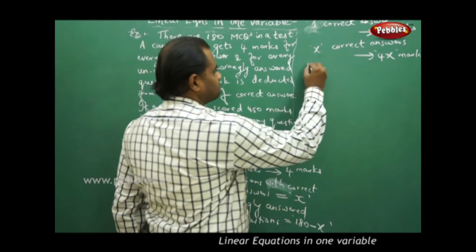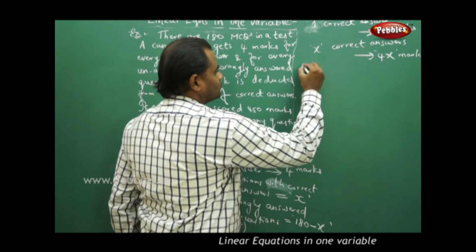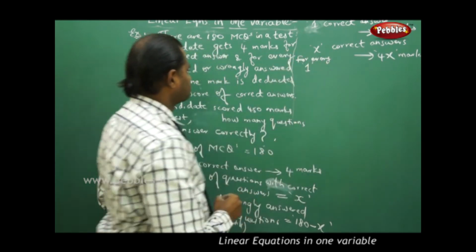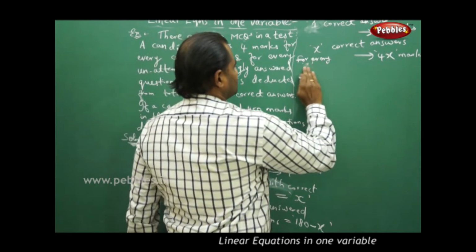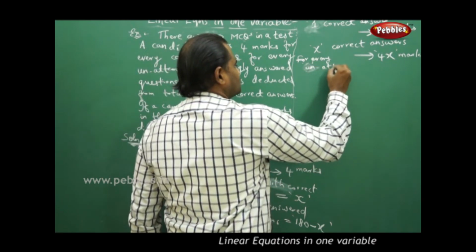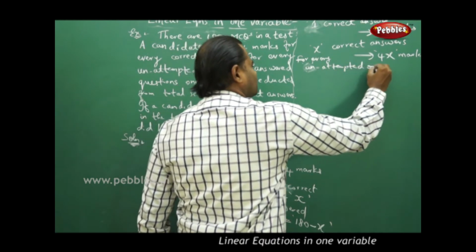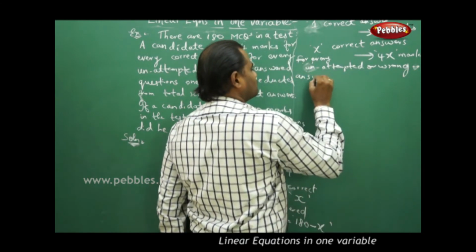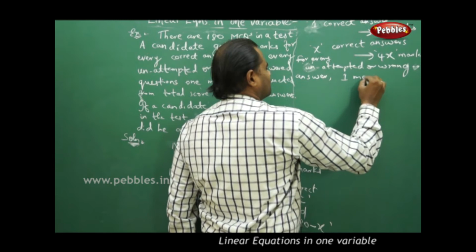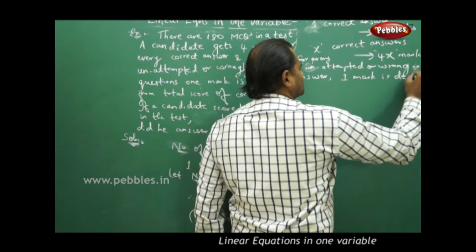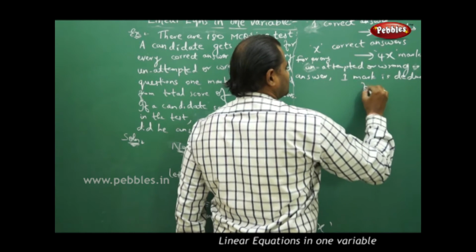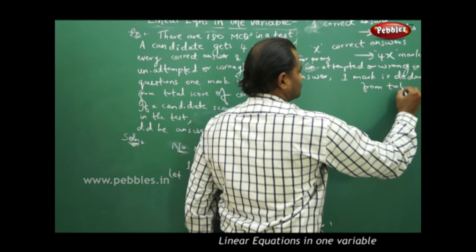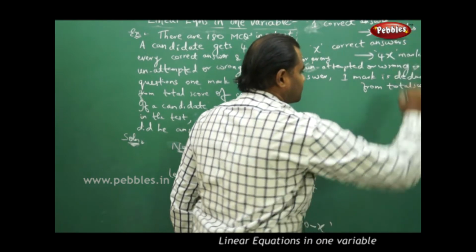So here I read that for every unattempted or wrong answer, one mark is deducted from the total score of correct answers.